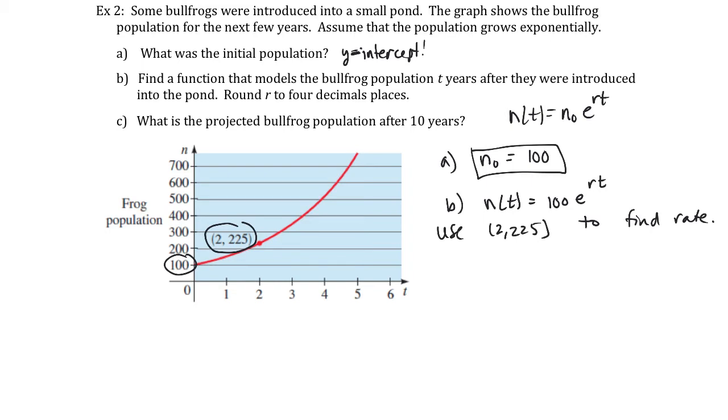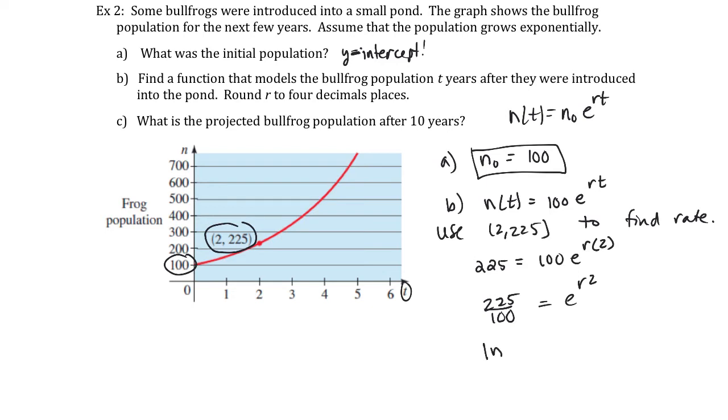All right, so the output is 225 when the input is t equals 2, so 225 equals 100 times e to the r times 2. And then we can divide both sides by 100. And then we can take the ln of both sides.